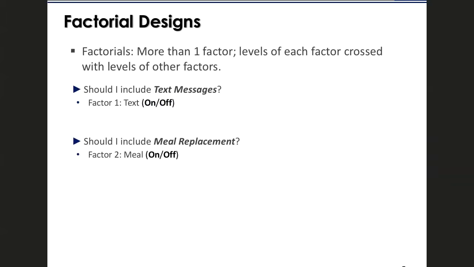These are my motivating questions. To answer them, I'm going to include two factors in my design, one for each component. The first factor is for text messages, and it will have two levels, on and off. On for people who will get text messages, and off for people who will not. The second factor will be for meal replacement, and again, it will have two levels. On for people who will get meal replacement, and off for people who will not. So far, so good? To answer both questions simultaneously, I'm going to consider this 2 by 2.